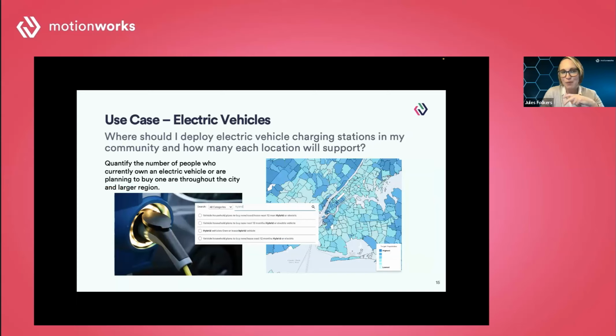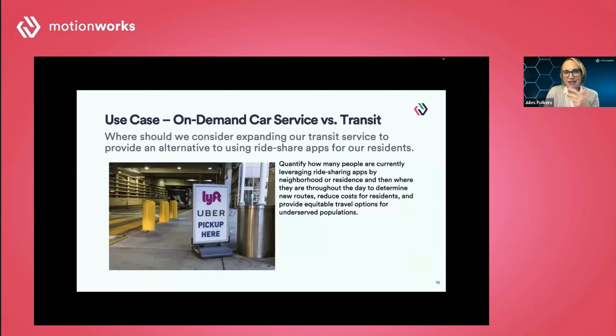And finally, looking at a couple vehicle and transit related use cases, looking at where we might want to deploy electric vehicle charging stations based on this propensity for people to be in the market or currently own an electric vehicle. And similarly, as we look at transportation, where a lot of the data scientists in our group have come from the transportation modeling and travel demand modeling world, they're very excited about how we continue to leverage all of these data sets to tell stories to potentially get cars off the road and encourage use of transit.